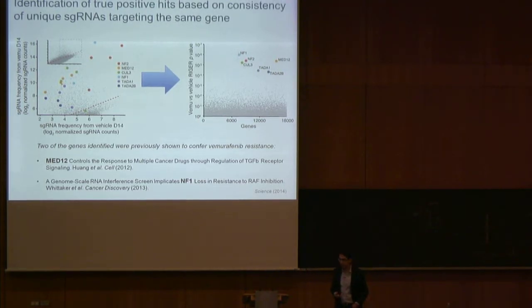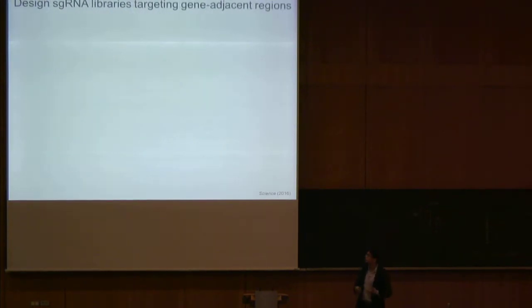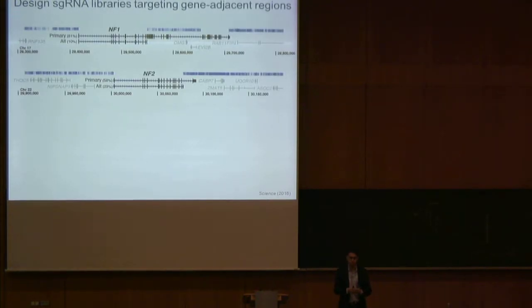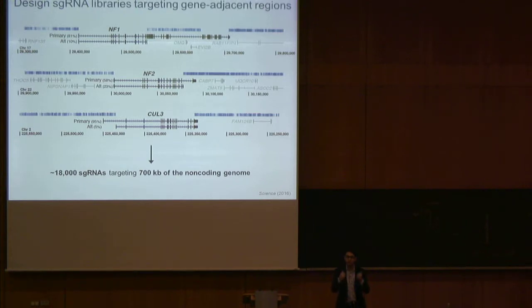Based on this, we took some of these top hits, genes that we know when you lose their function and treat the cells with vemurafenib, they become resistant. Instead of targeting the genes themselves, we created CRISPR libraries to mutate every little piece of the non-coding genome, 5' and 3' of these genes.